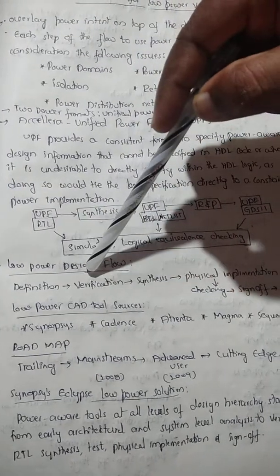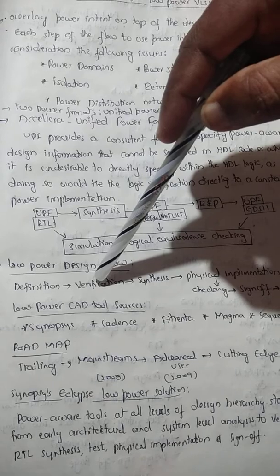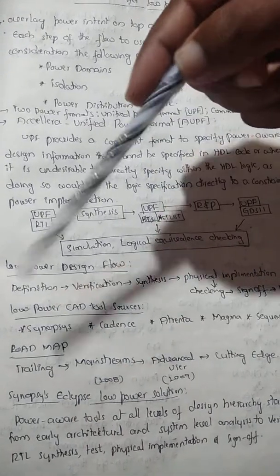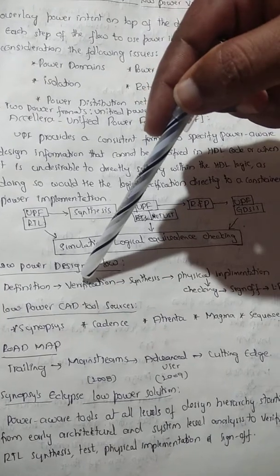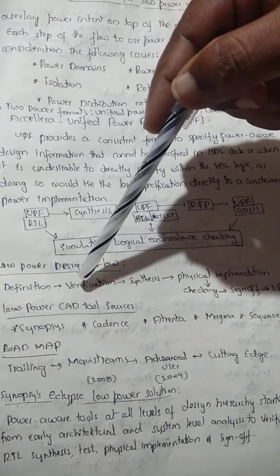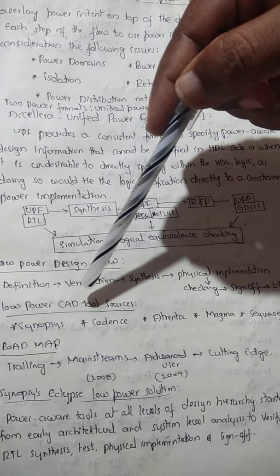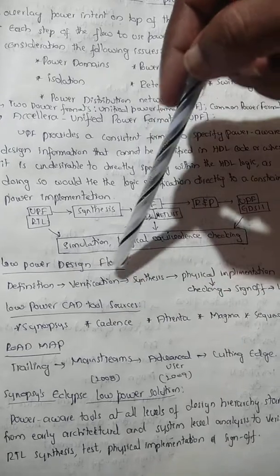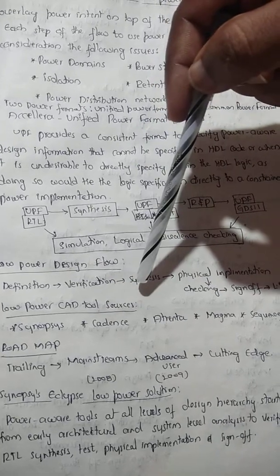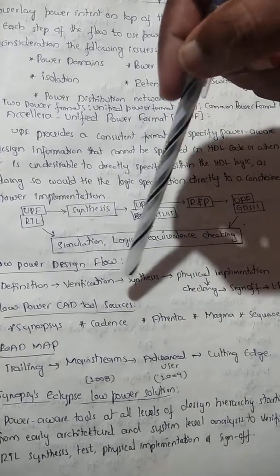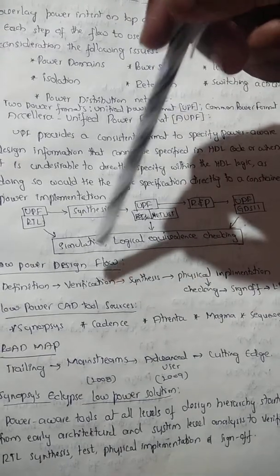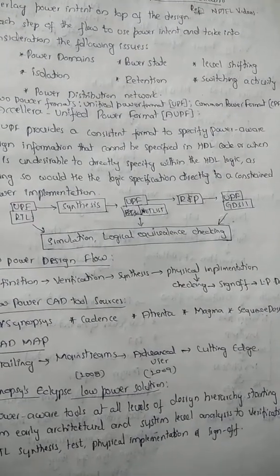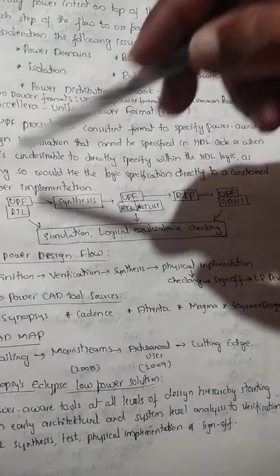Next is verification, which concentrates on the power up and down behavior, multi voltages and multi VDD, and static rule checks. Next is synthesis, where top-down multi voltage, multi supply, and multi threshold designs are synthesized.